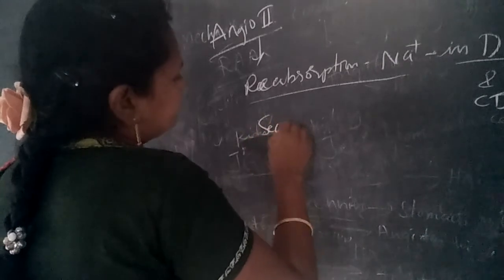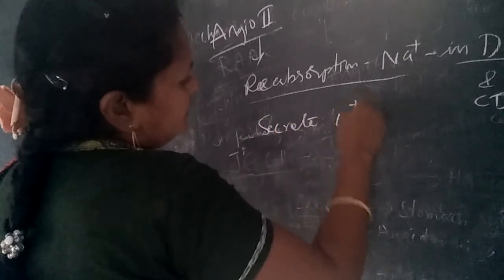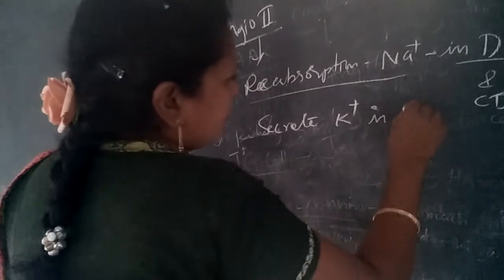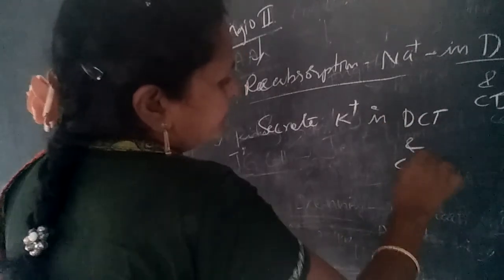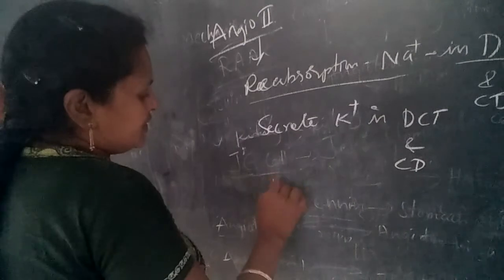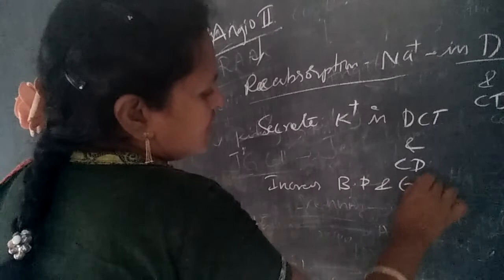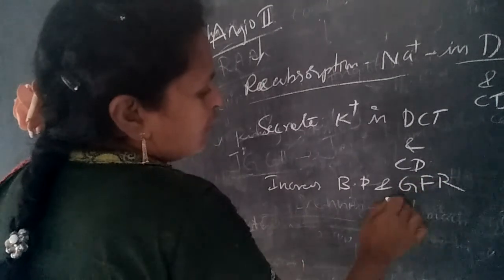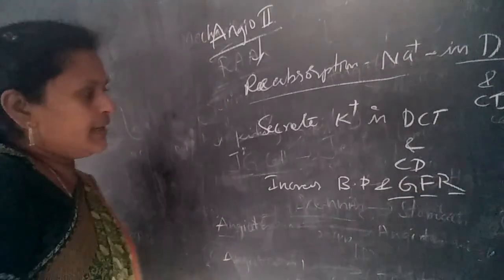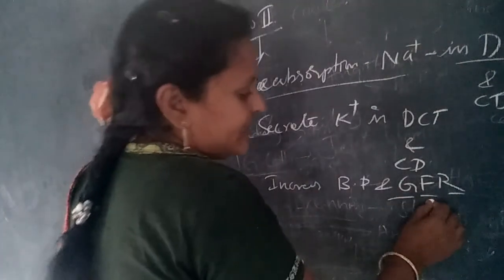It also increases blood pressure, and it increases GFR, the glomerular filtration rate. So that is the RAS cycle.